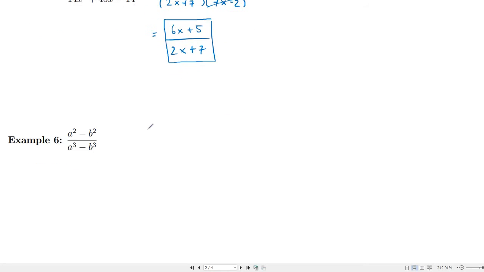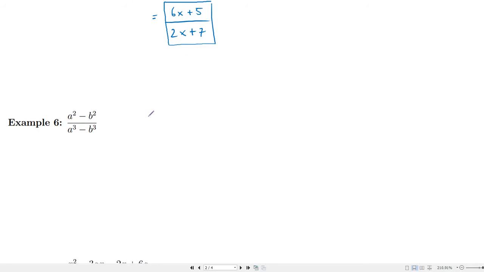For our next example, we have a squared minus b squared. So a difference of squares, we know that that factors as a plus b, a minus b. And on the denominator, we have a difference of cubes. And we also had that as a special product, which factors, right?